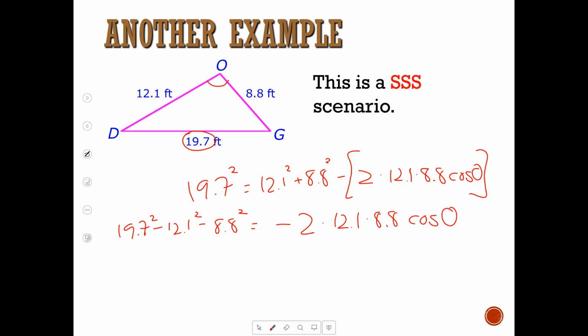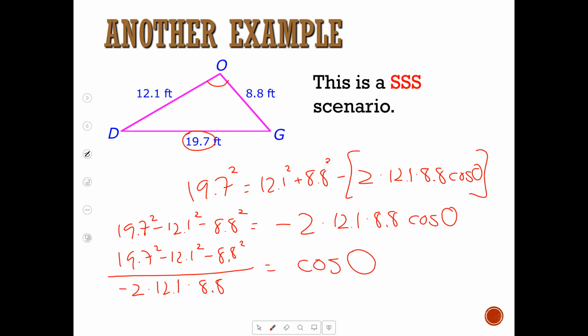That stuff in front has to go to the other side. This is not a minus sign now, it's an opposite sign. So therefore, I'm going to divide by that whole mess. 19.7 squared minus 12.1 squared minus 8.8 squared divided by negative 2 times 12.1 times 8.8 equals the cosine of O.